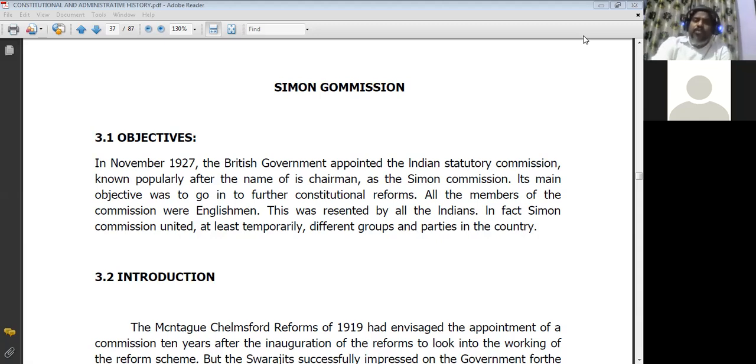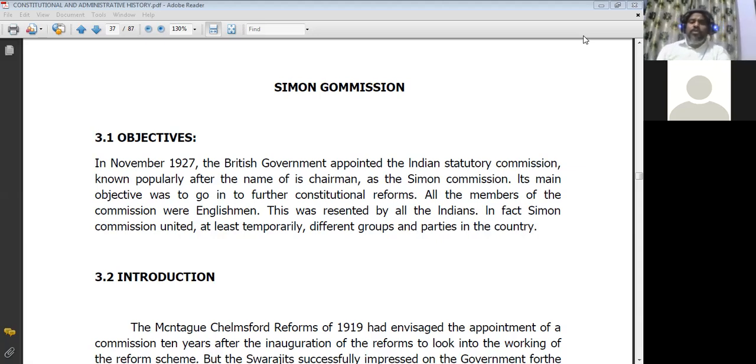Its main objective was to go into further constitutional reforms. All the members of the commission were Englishmen. This was resented by all the Indians. In fact, the Simon Commission united, at least temporarily, different groups and parties in the country.